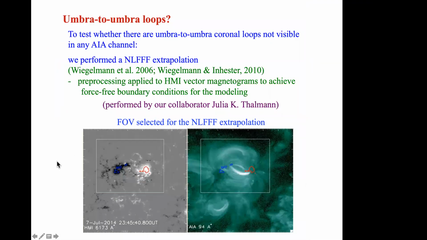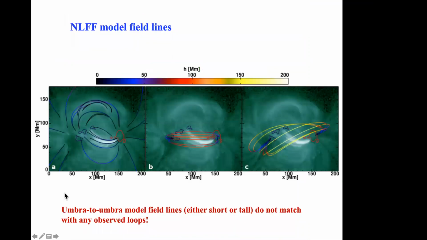Now, the question is why we don't see any umbra to umbra loop, and whether an umbra to umbra loop exists at all. To find out, we performed nonlinear force-free field modeling. These active regions are very suitable for this because they are almost flux balanced and they are at disk center. So first we compare the AIA 94 loops with the model field lines.